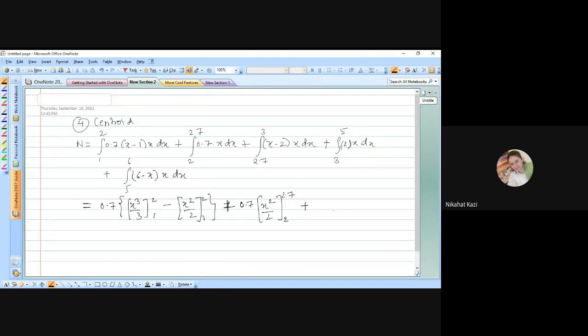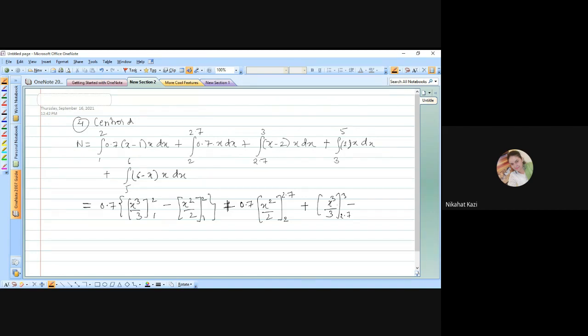Next, this one. If you open the brackets up, it is x square minus 2x. So what is the integral? x square integral is x cubed by 3 over the range 2.7 to 3.